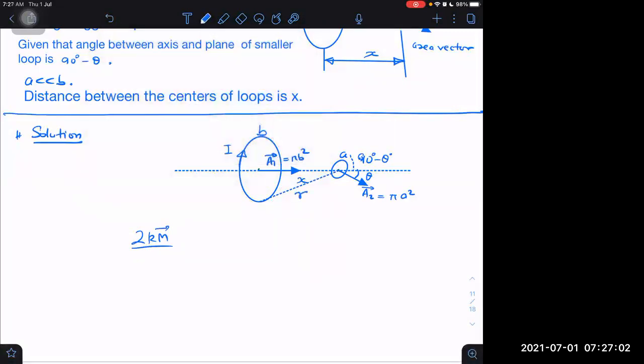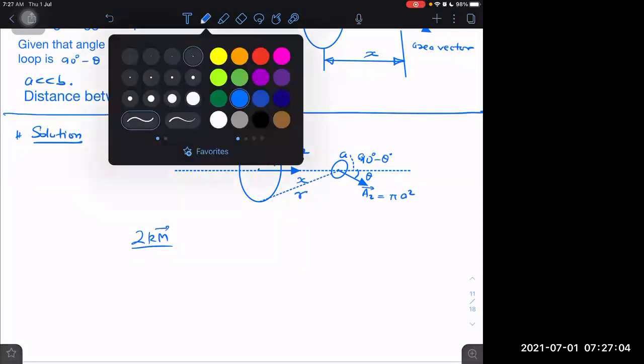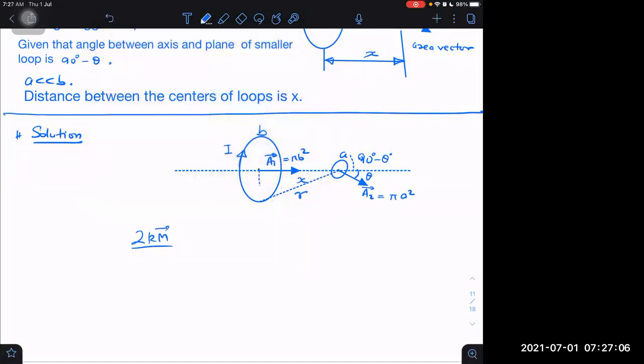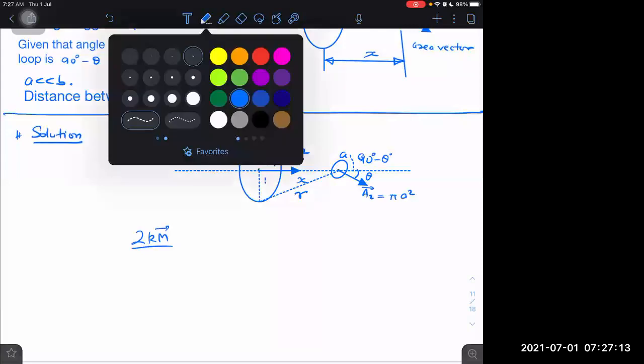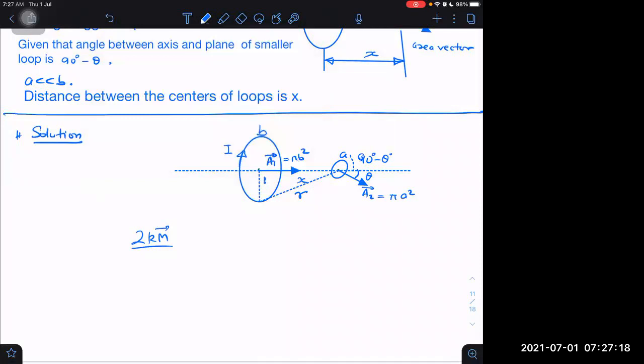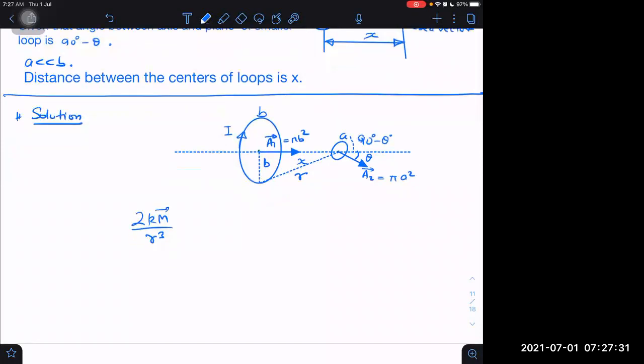This is r here. So 2k m by r cube is the magnetic field, and the formula is B dot A2, right?